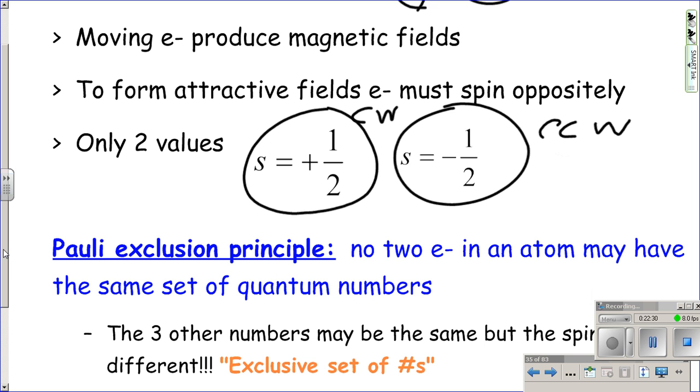Okay, and so we've heard Pauli exclusion principle before, but the reason it's called exclusion is because if something is exclusive, it's special, like an exclusive offer at Kohl's today, just for you. So the exclusive part of it means that this set of 4 quantum numbers is exclusive to one single electron.